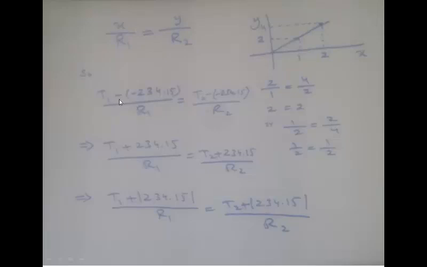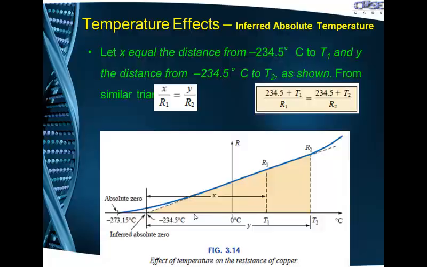So if I simplify this, then T1 plus this over R1 would be equal to T2 plus this over R2. So I can take the mod of this value. This can be anything, it would always be negative, so I would take the mod so this remains positive. So I would end up with this relationship. By using this relationship, I can find the value of resistance at any temperature T2 if my initial temperature is T1 and the value of resistance at that temperature is R1.